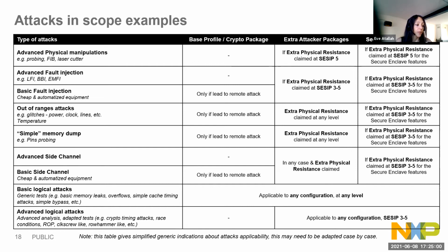Fault injection attacks will also be applicable when physical attacker resistance is claimed, either in the secure enclave or not, but along with SESIP level 3 to 5 this time. Advanced fault injection will be more for SESIP 4 and 5, and basic fault injection more for SESIP 3.